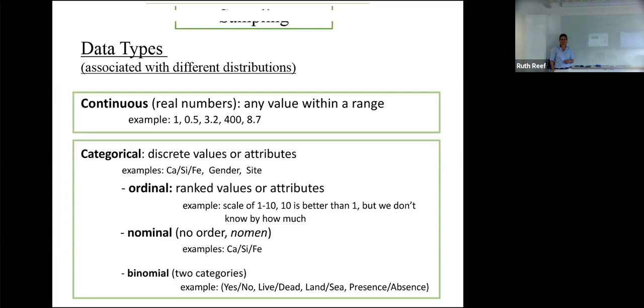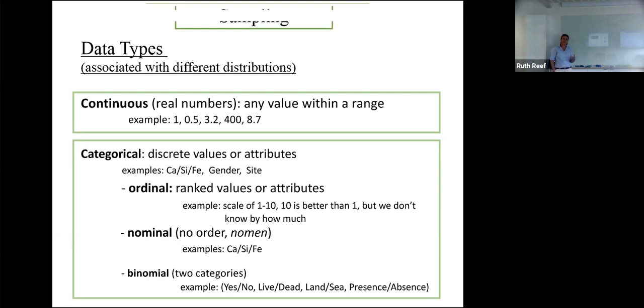If I have a scale of 1 to 10, I know that 10 is better than 1. Or usually I have to ask people, how much do you love me? 1 to 5. 5 is a lot, right? Or is 1 a lot and 5 a little? That's where there are a lot of points of confusion and relationship breakdown. With a scale of 1 to 10, 10 is better than 1, but it doesn't mean that 10 is 10 times better than 1. This is not a continuous variable. It's ordinal, by order.